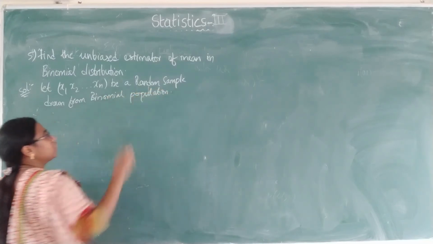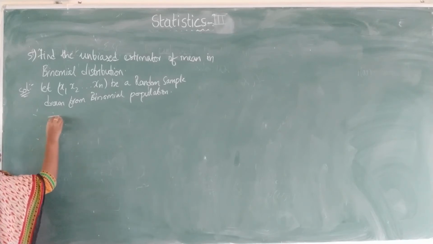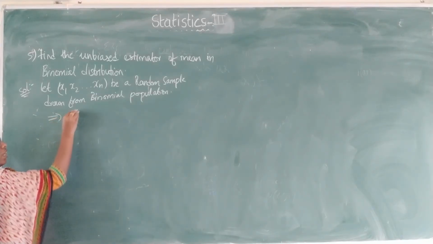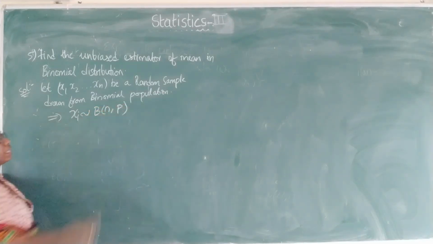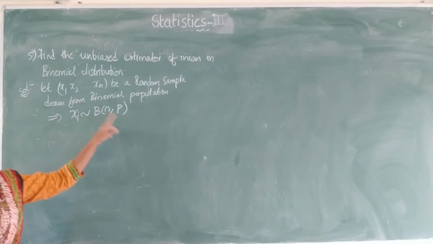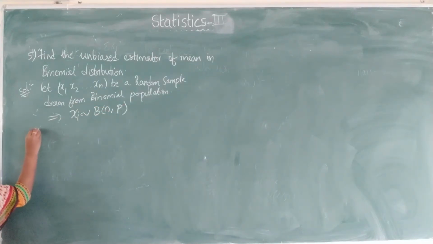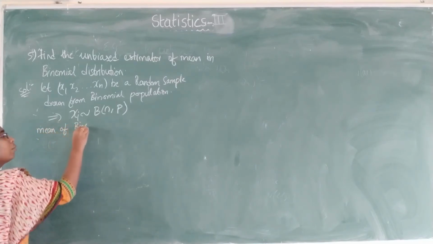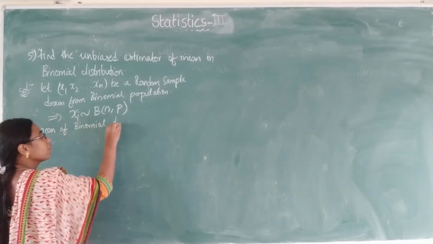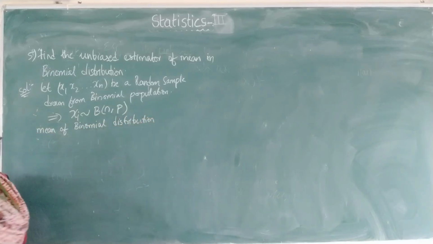So what is the notation for the binomial distribution? If x1, x2, so on xn follows the binomial distribution, how we will write this one? Which implies that xi follows binomial with n comma p. So these two are the parameters for the binomial distribution, that is n and p. So what is the mean of binomial distribution? Since we have to find the unbiased estimator for mean in the binomial distribution, right?